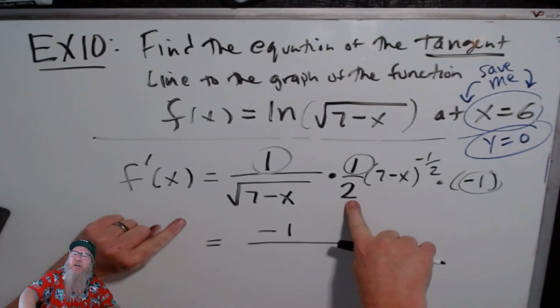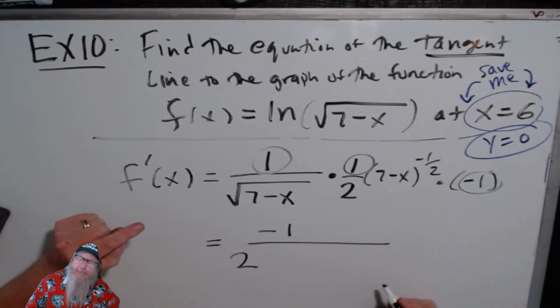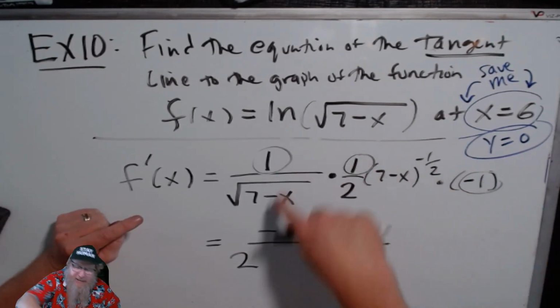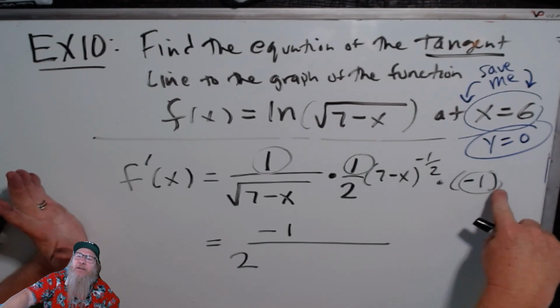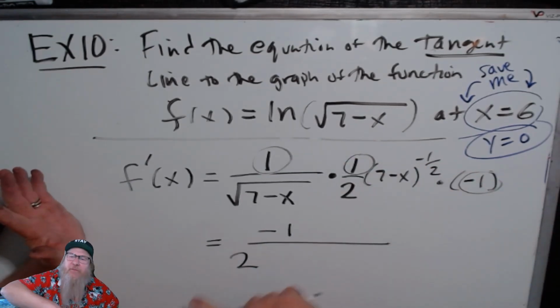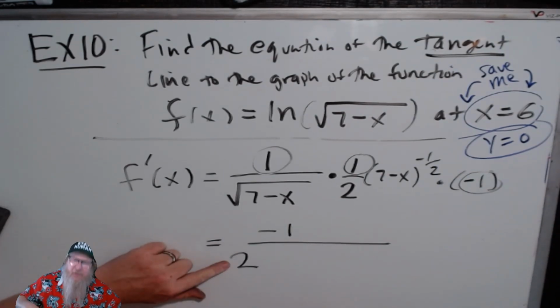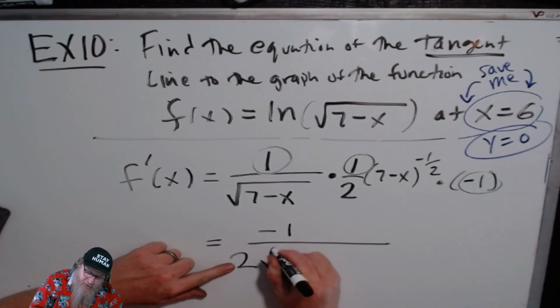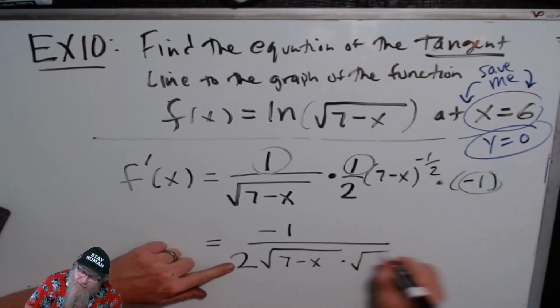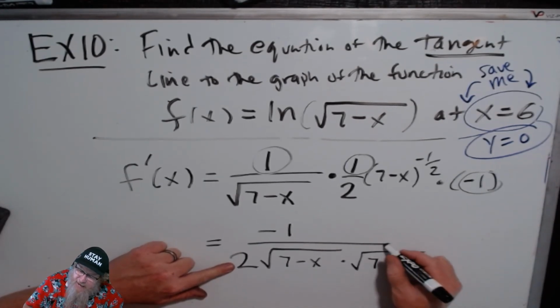This 2 belongs out in front. None of these numbers are even, so I can't divide them by 2. If I had an even number in the numerator, I would probably divide it by 2 to get rid of that 2. But that's what it looks like when you don't get rid of it. Then you have the square root of 7 minus x, and then you have another square root of 7 minus x.